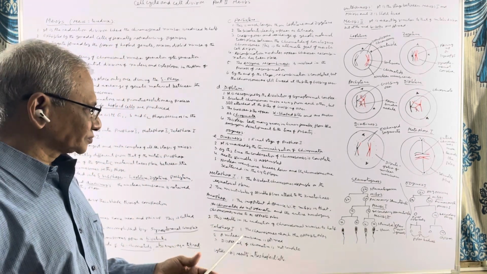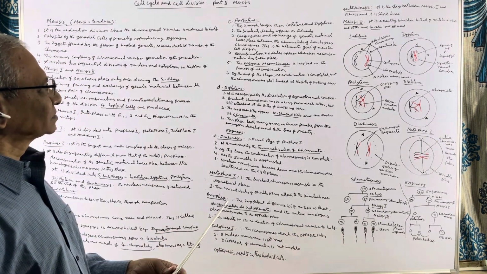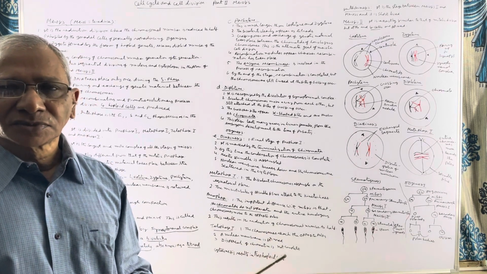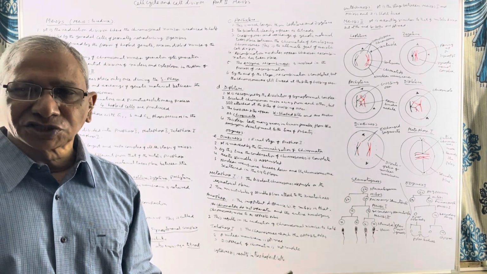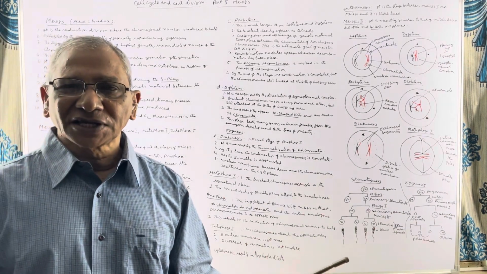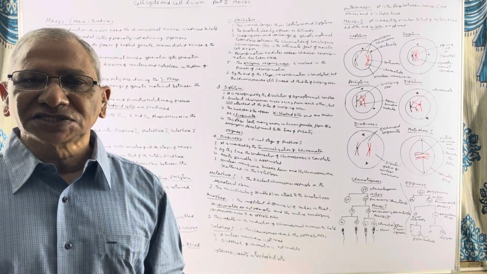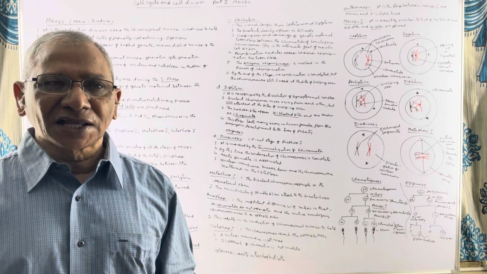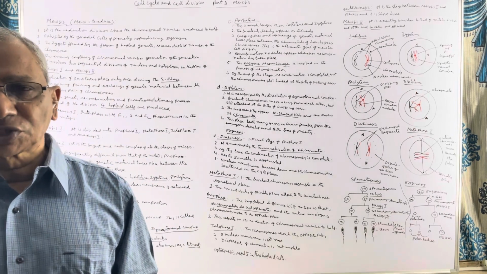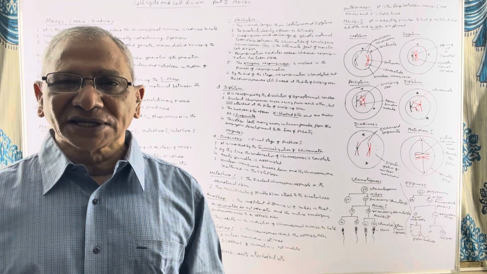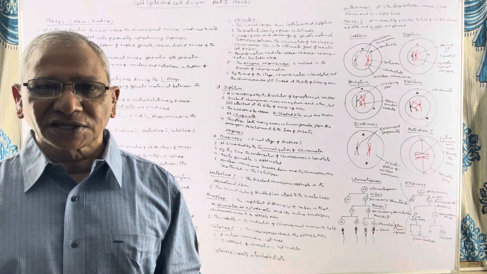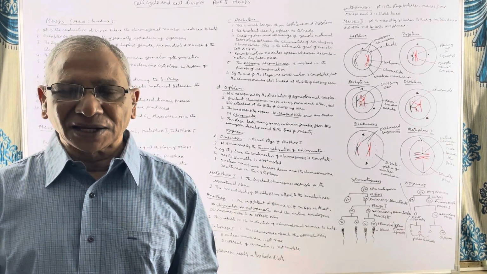Then meiotic division, as I have already told you, is very important because it brings about recombinations and variations in the populations of a species. And these variations help in natural selection, and due to the process of natural selection, new species arise from existing species. So that is about the meiotic division in plants and animals. Thank you.